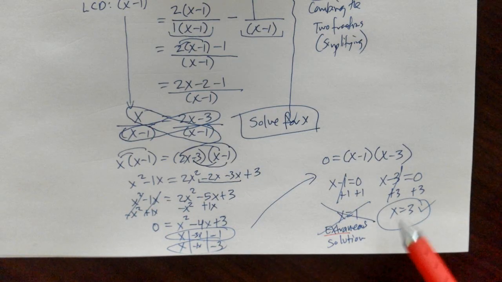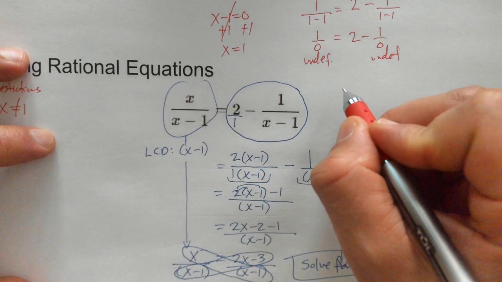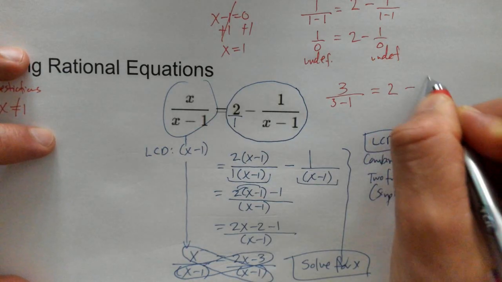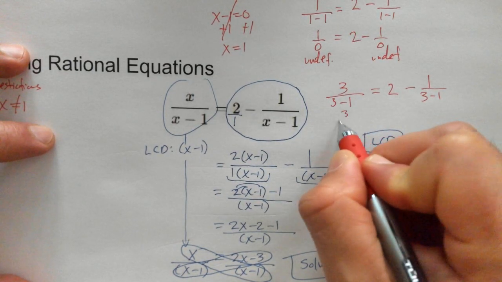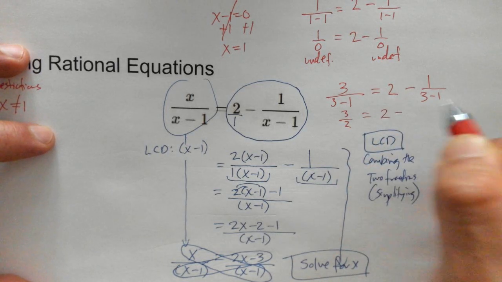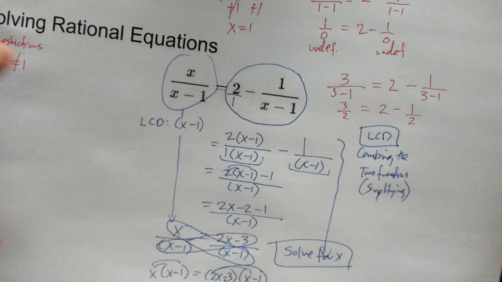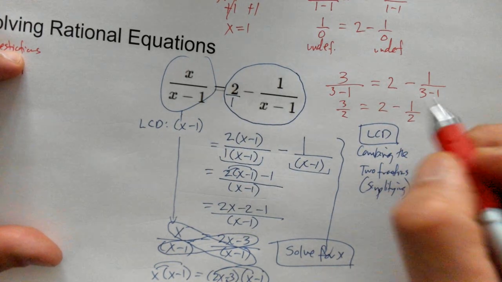The one we can use is 3, because if I plug in 3, I don't get an error. If I plug 3 in this equation, I'm going to have 3 divided by 3 minus 1, 2 minus 1 over 3 minus 1. If I simplify, this is just 3 over 2. And over here we get 1 minus 1/2, and then 2 minus 1/2.